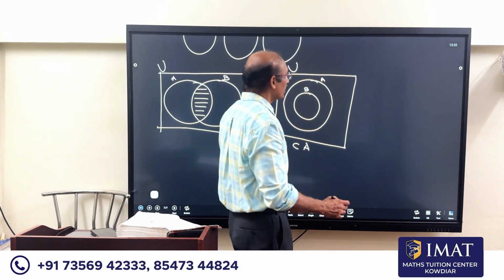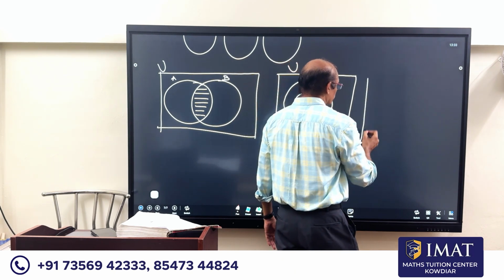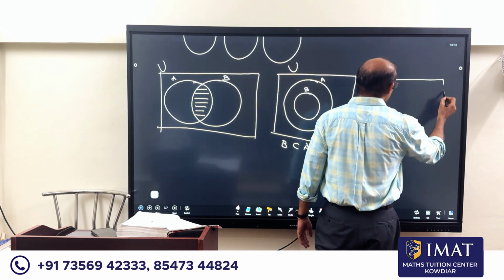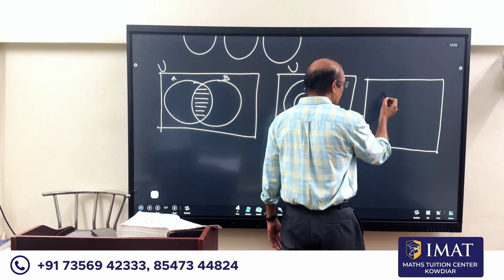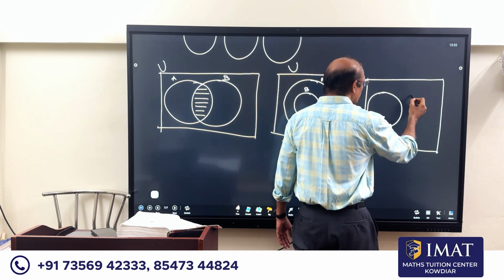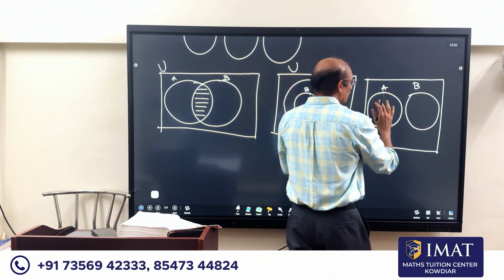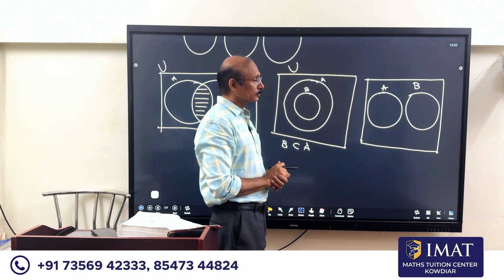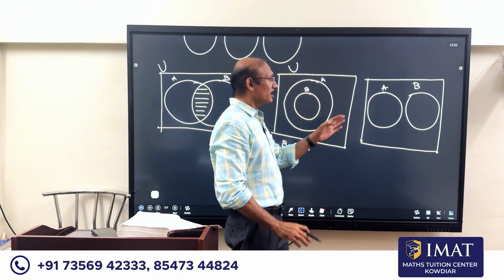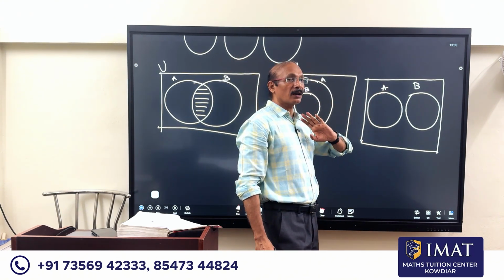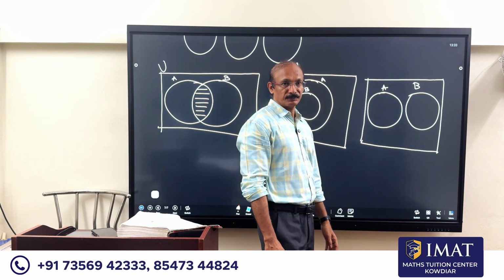Okay, now see the next one. I take a universal set. Now I take a set A. I take another set B, A and B. See, no connection. Which means the elements of A and B are completely different.